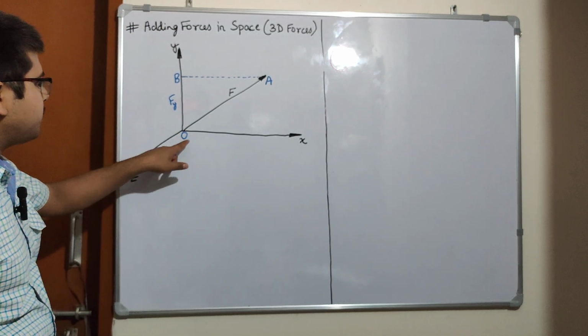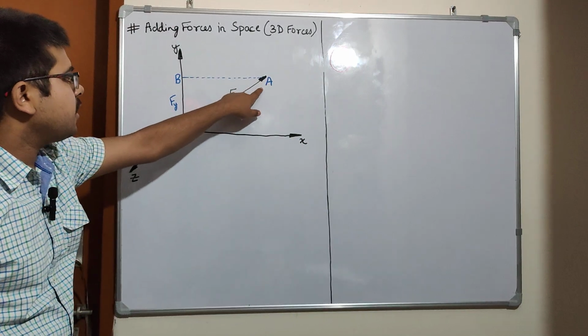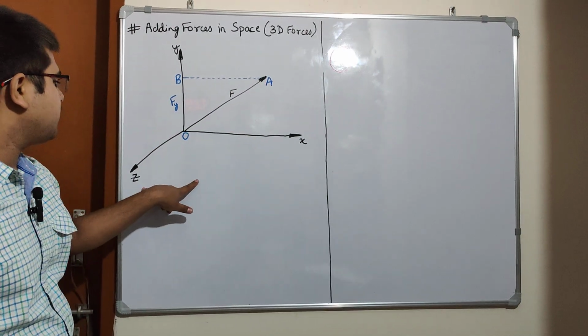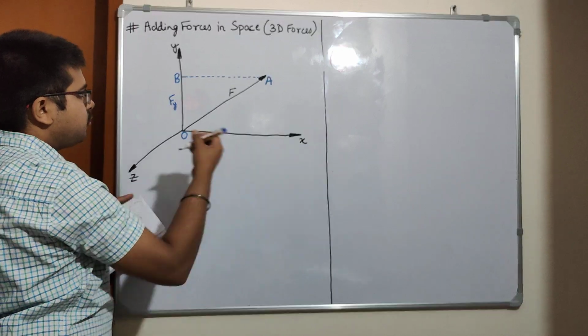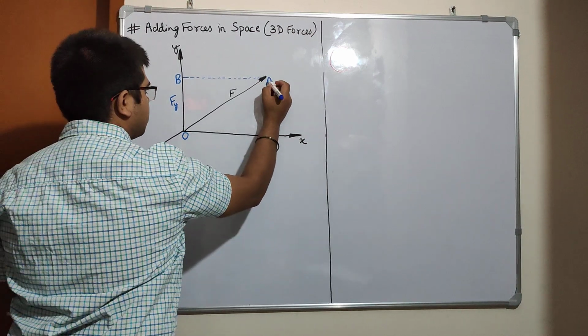Now if I drop a perpendicular from A to the xz plane, then it would look like this.